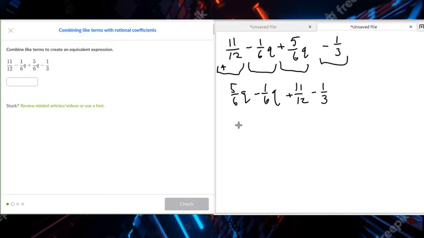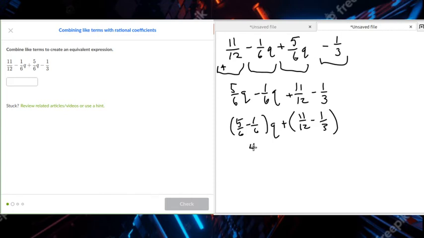So let's combine these. That's 5/6 minus 1/6 q plus 11/12 minus 1/3.